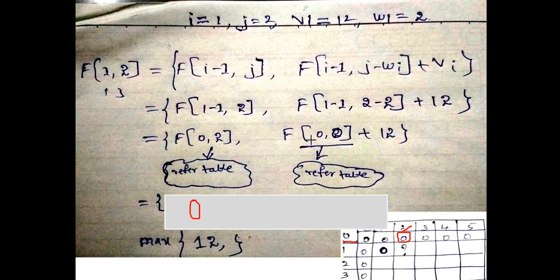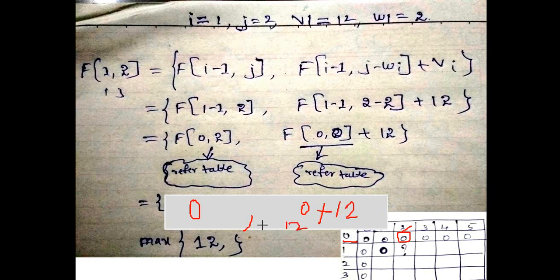Now 0 comma 0, 0 row 0 column. What is the answer? 0. 0 plus 12. What is the answer? 12.